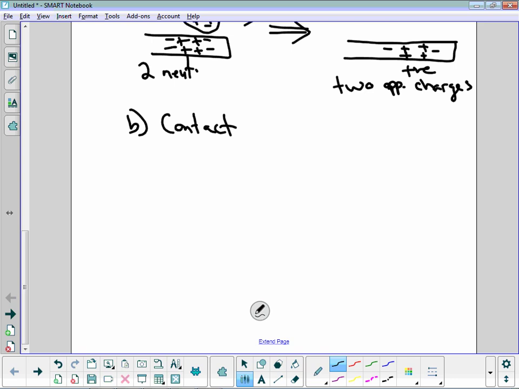So our textbook liked conduction. Conduction. All right? Oh, no, don't worry. In this case, we are transferring charge. Transfer of charge.